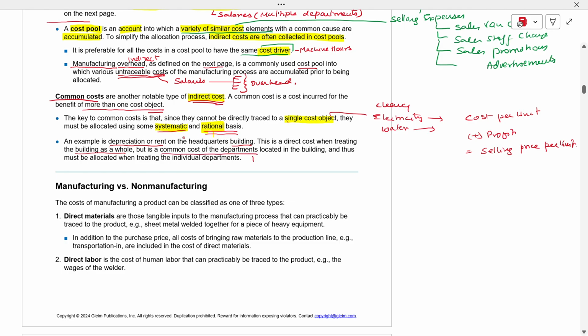In the building, you have multiple departments located. Thus, it must be allocated when reviewing the individual department. Very simple. Say you are working in the HR department, your friend is working in the marketing department, and another person is working in the finance department.